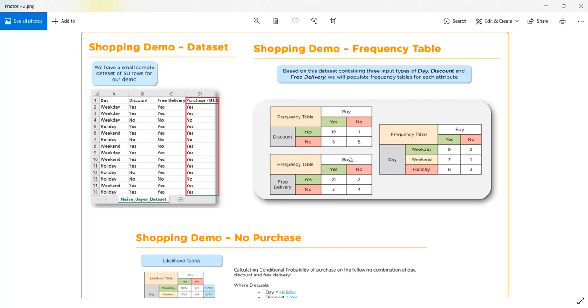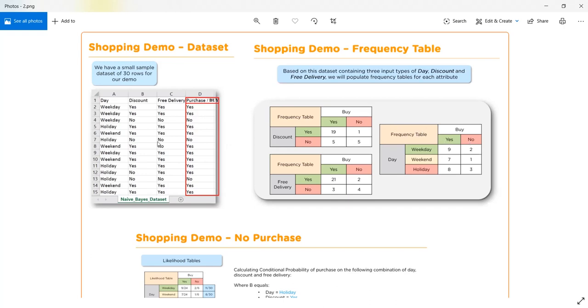So this is a one-to-one mapping, one descriptive feature and one target feature, and we are filling in entries. Let's say I am considering this frequency table for the time being. This is the day descriptive feature. It has three categorical values: weekday, weekend, and holiday. And the target feature has two categorical values, yes and no.